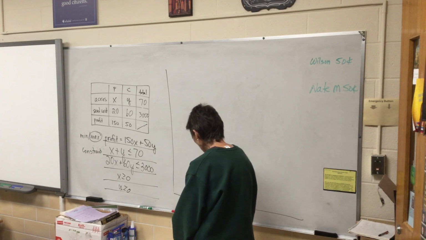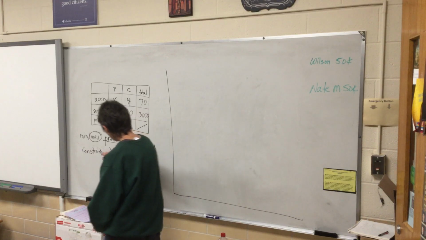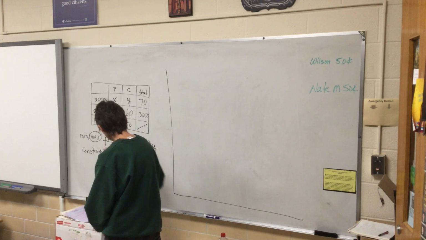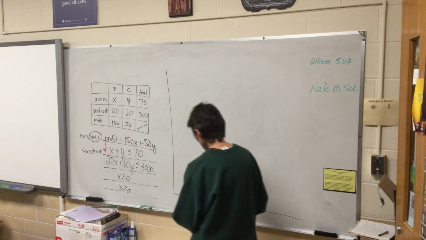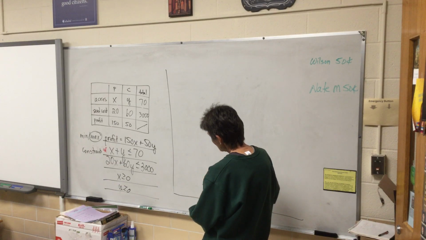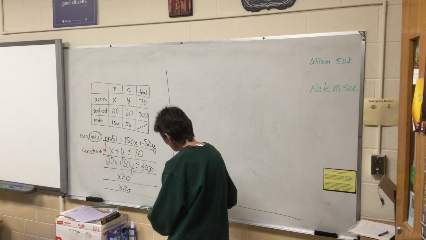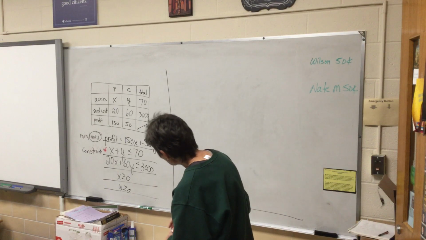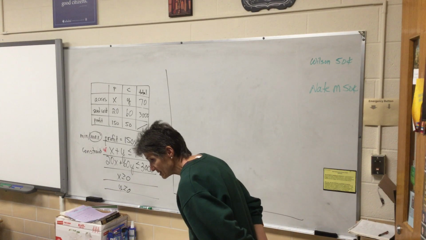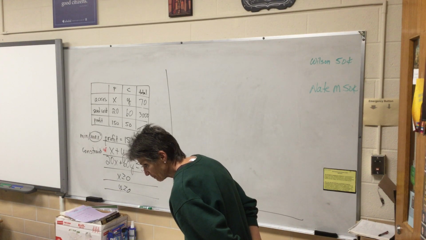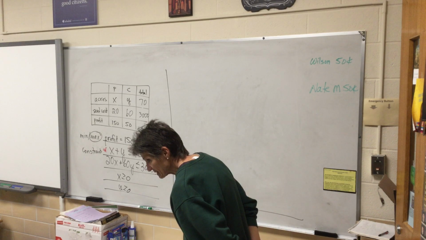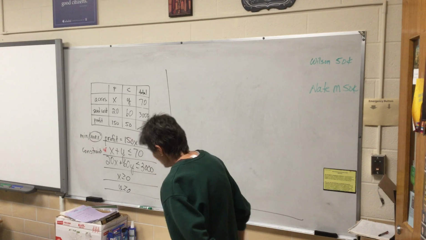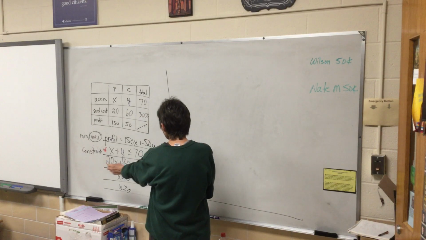Now, I'm going to graph these two right here. I'm going to do this one in red first. Looking at the size of these numbers, I'm thinking I probably should use tens as my scale. Does that make sense to you? So I'm going to do it with intercepts as always.